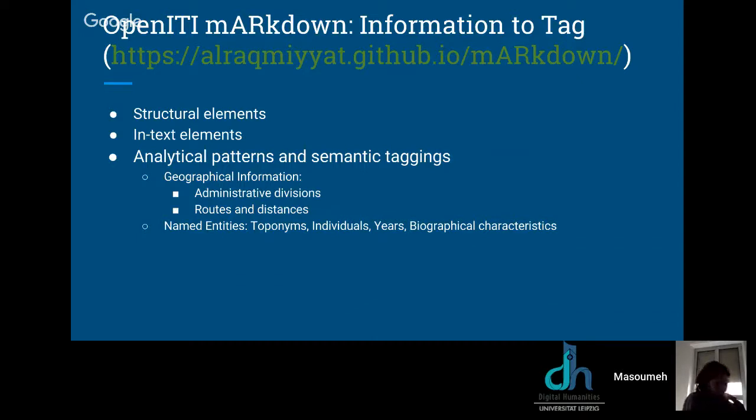We can tag any type of piece of information inside a text. What we focus on here, to give more details, is the analytical patterns which describe geographical information in terms of administrative divisions, hierarchical divisions, and route network.